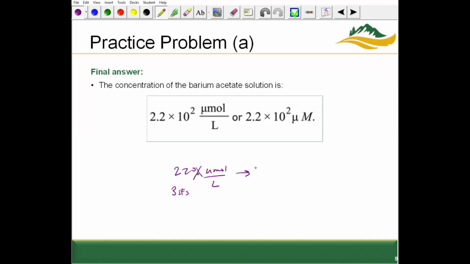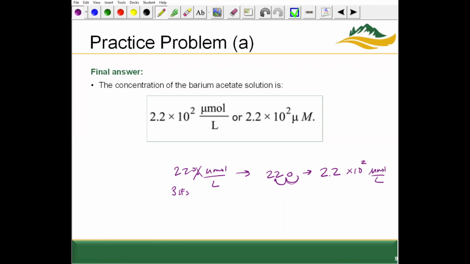To get this into 2 sig figs, we take the decimal point in 220 and move it over 2 times. So that's 2.2. We only want 2 sig figs, so 2.2 times 10, moving the decimal point over 2 times to the left. That's 2.2 times 10 to the second, with units of micromoles per liter.